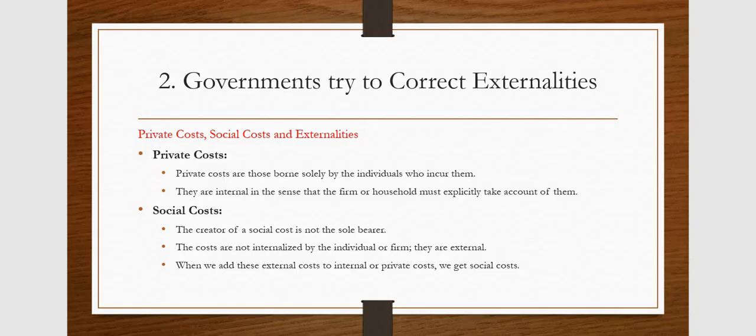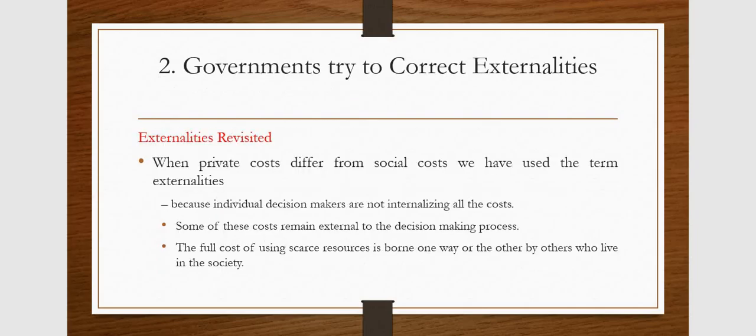Then the pollutants that you are releasing into the atmosphere, you also have to pay for it. And so when you pay for your cost of production and you pay for the pollutants you are releasing into the atmosphere, when it combines, it becomes the social cost, because social cost is the private cost plus the external cost. I hope you get that. Yes. And so that is the social cost.